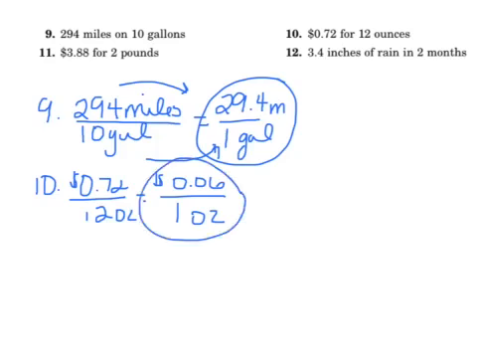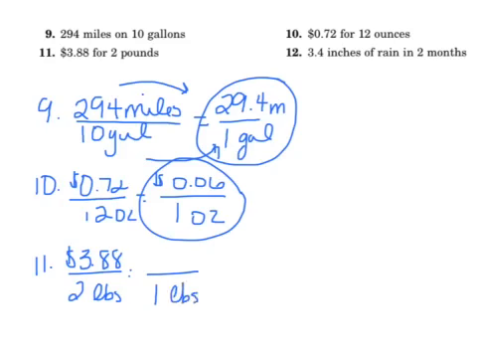And they're not always this easy. There's going to be many times that you're going to have to go over and actually do some multiplication. So I don't want you to think that they're always going to be this simple that you can do them in your head. Like, for example, this one, this $388 for 2 pounds. So we want to find out what it costs per pound for 1 pound. So here's one of those.